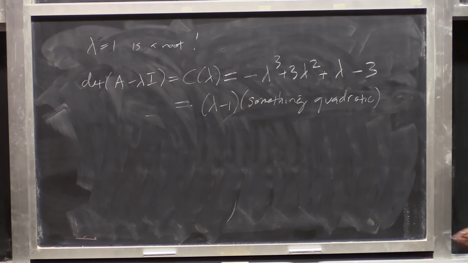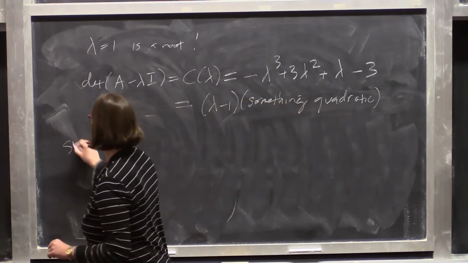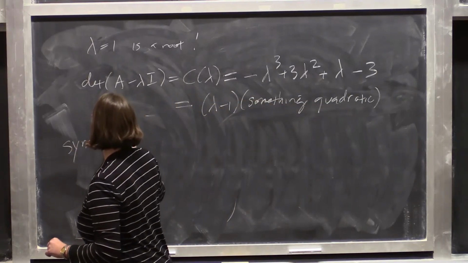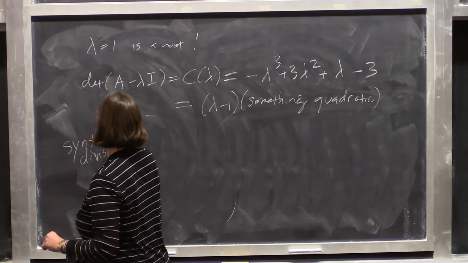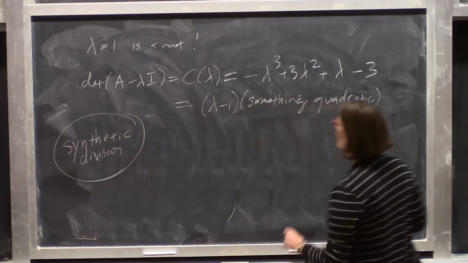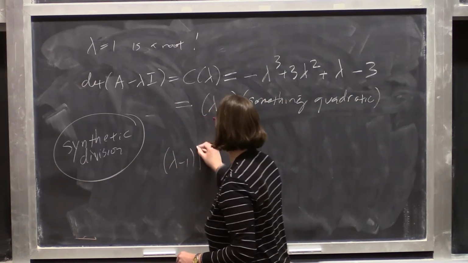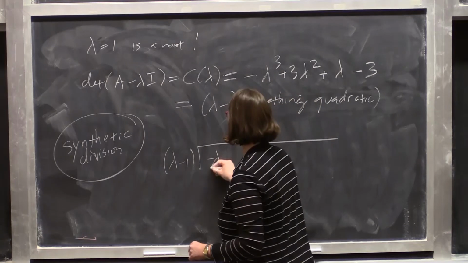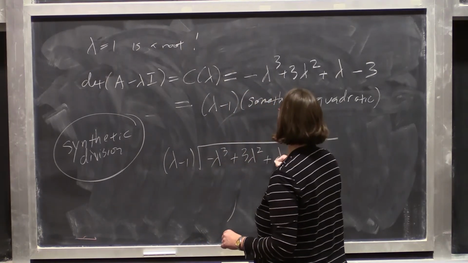Now, at this point, you can either do long division or you can do synthetic division. Google it. I will do long division. So I'm trying to divide lambda minus 1 into minus lambda cubed plus 3 lambda squared plus lambda minus 3.